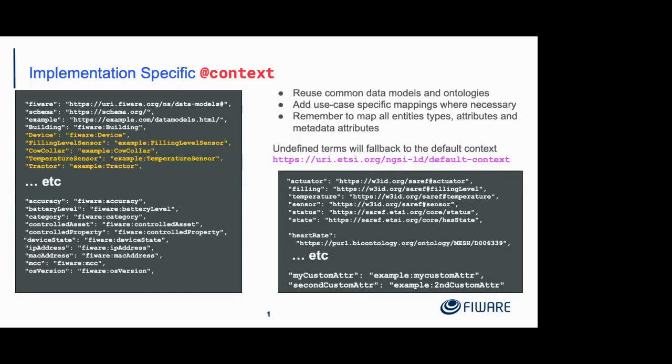Now, the typical examples which are available in the NGSI-LD tutorials and online, and the things I tend to talk about, I personally tend to use the what were the FIWARE data models, now the smart data models.